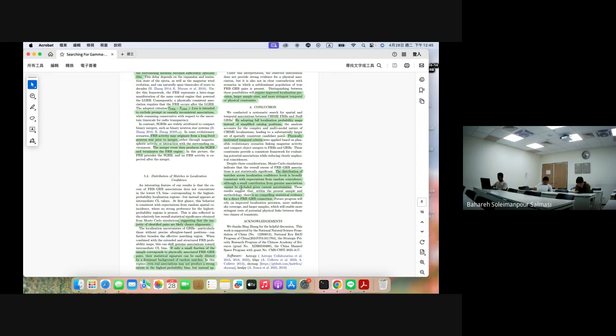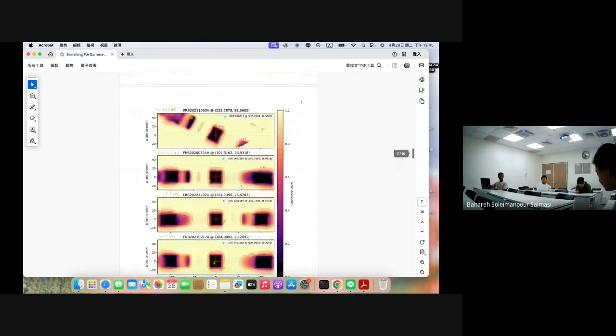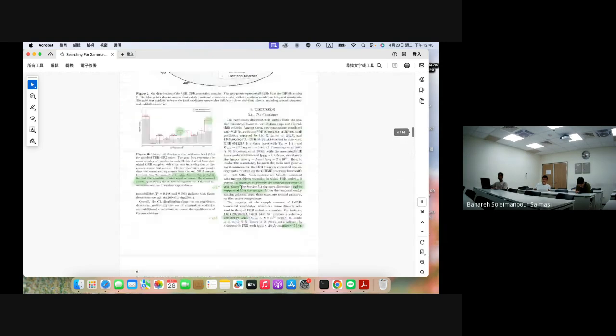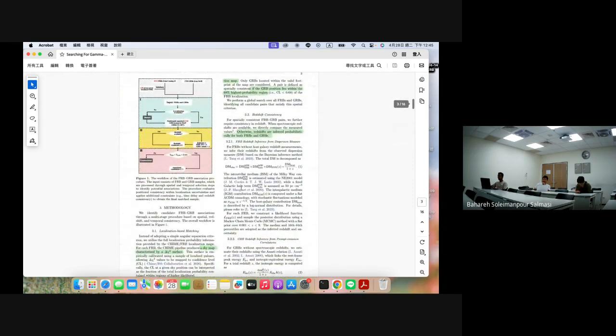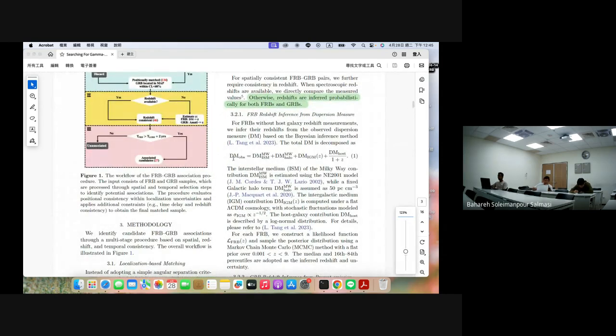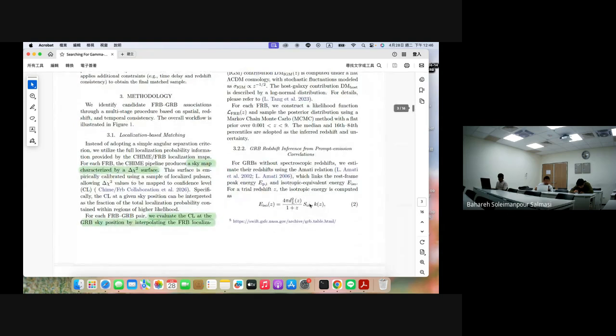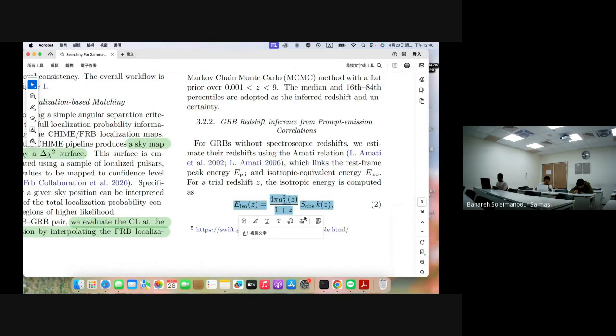Is there any question? Identify the redshift, so the redshift will be very important. How do they check the redshift consistency? For FRB, it is according to the Macquarie relation. If the DM value is from the Chinese catalog, we have the Macquarie relation, so we can infer the z value for the FRB. But for the gamma ray burst, they use this equation to get the redshift.